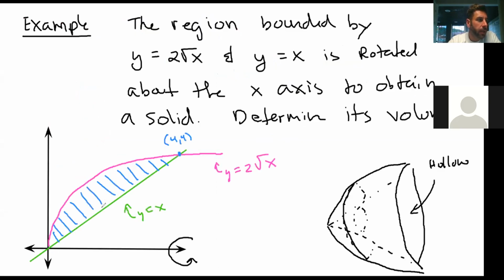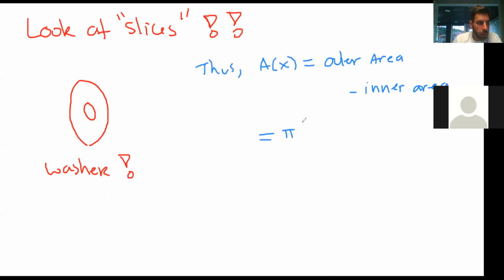And then the inner radius is given by y equals x. So that means the outer one would be, this is 2 root x squared, minus pi times the inner radius, which would be x squared.